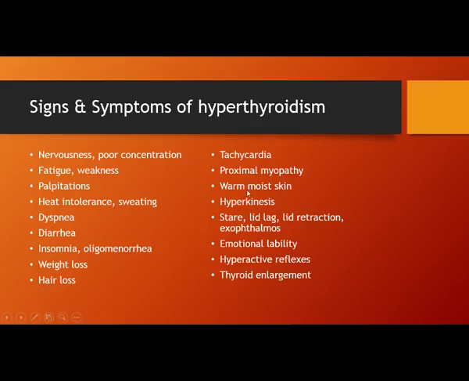Warm, moist skin, hyperkinesis, where all their reflexes and movements are just exaggerated. And they may have the characteristic staring, and they may even have their lid retracted to where they aren't closing their eyes properly, and so they may have corneal damage as a result of not actually closing their eyes, so the cornea dries and becomes damaged.